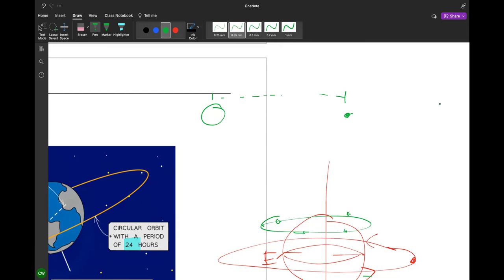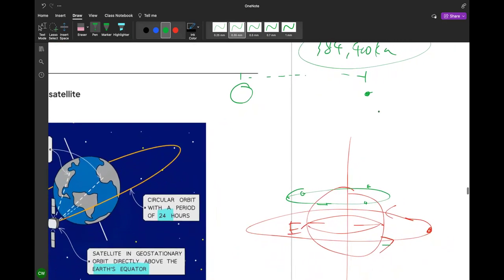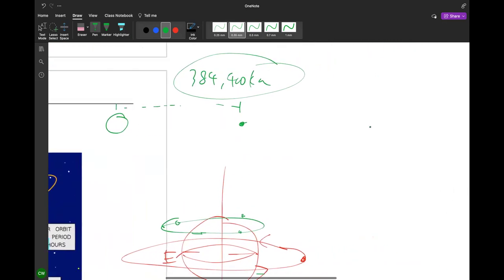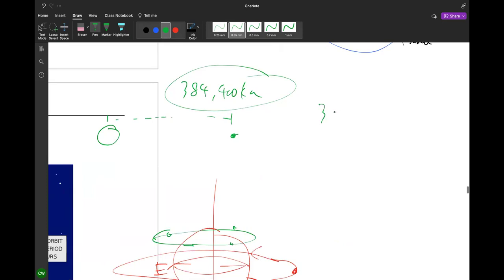From the Earth? How far away? Divided by 6400.